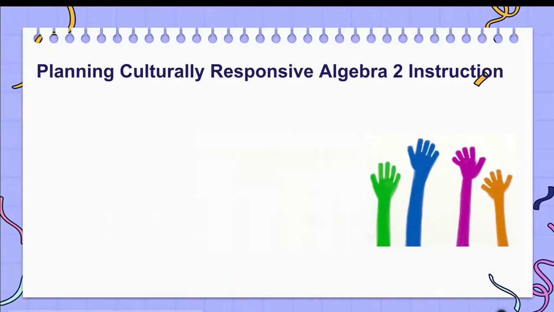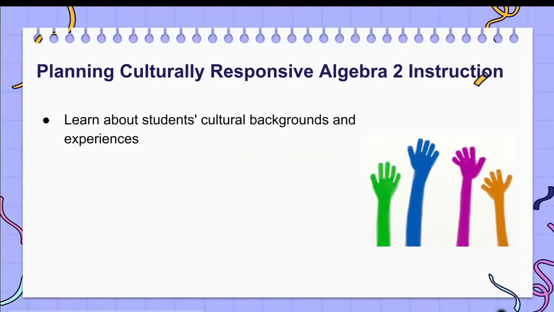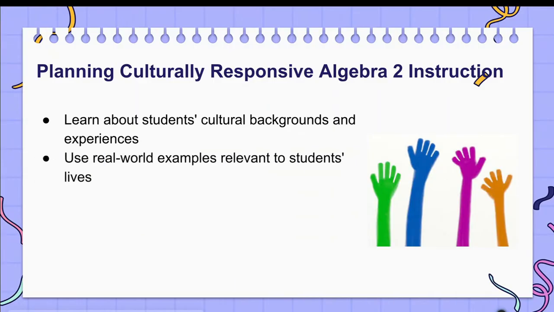Now, let's dive into how we can plan culturally responsive Algebra 2 instruction. The first step is to learn about our students' cultural backgrounds and experiences. This could involve surveys at the beginning of the year, informal conversations, or even home visits if your school supports that. Once we understand our students better, we can use real world examples relevant to their lives.